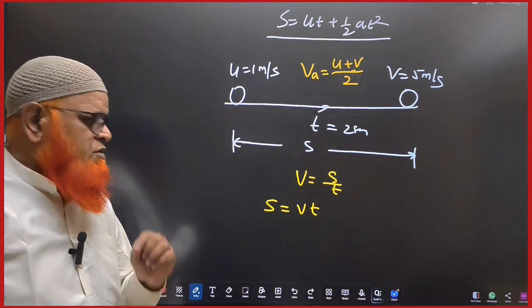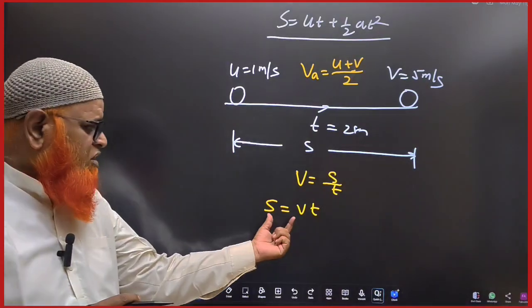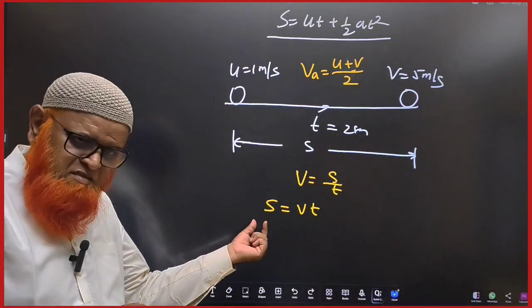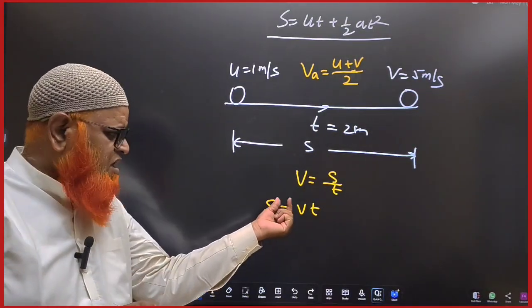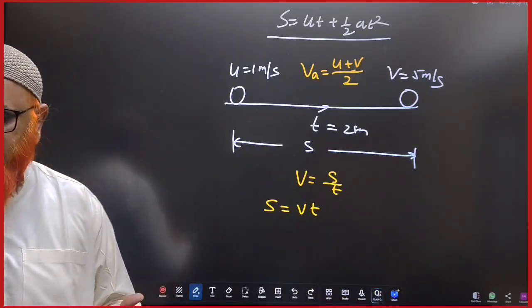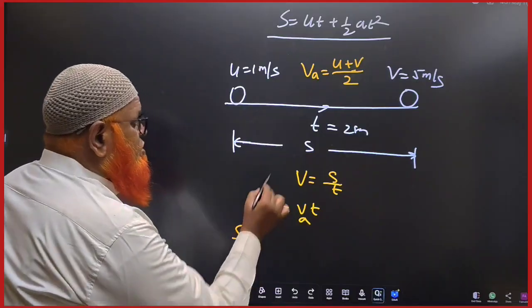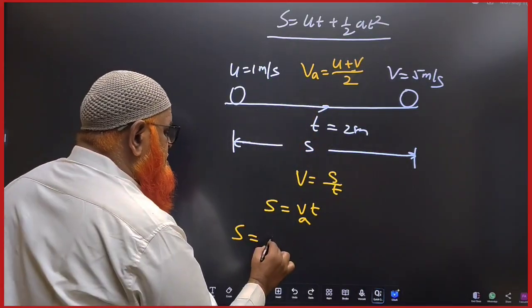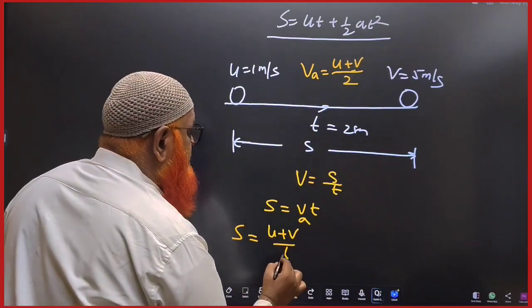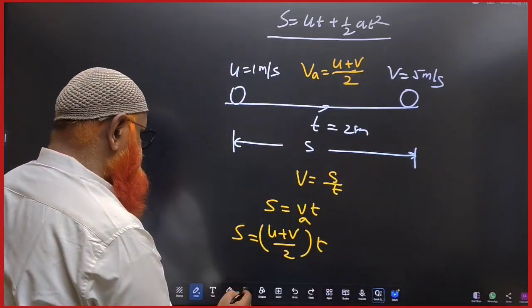So here, if velocity is uniform, the simple formula is displacement equals constant velocity into time. But velocity is not constant, so you have to consider the average velocity into time. S is equal to (U plus V) by 2 into T. Hope you are understanding now.